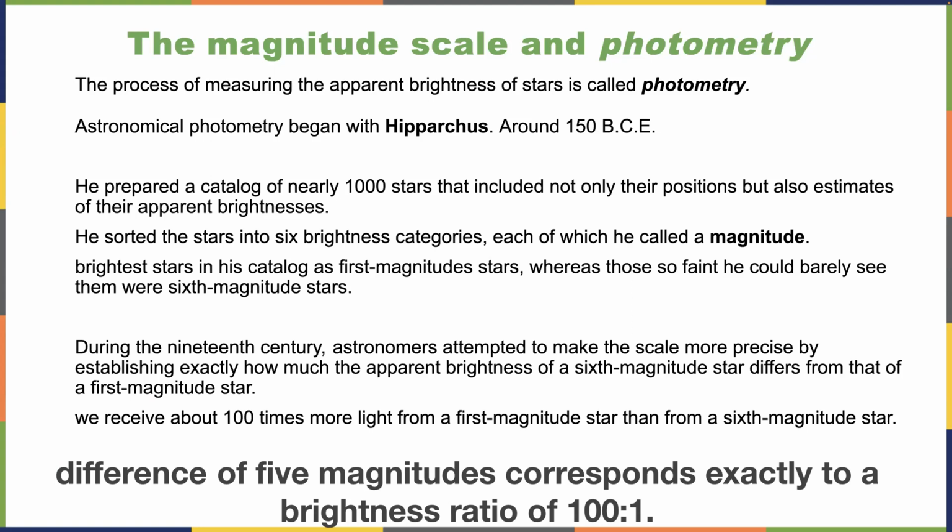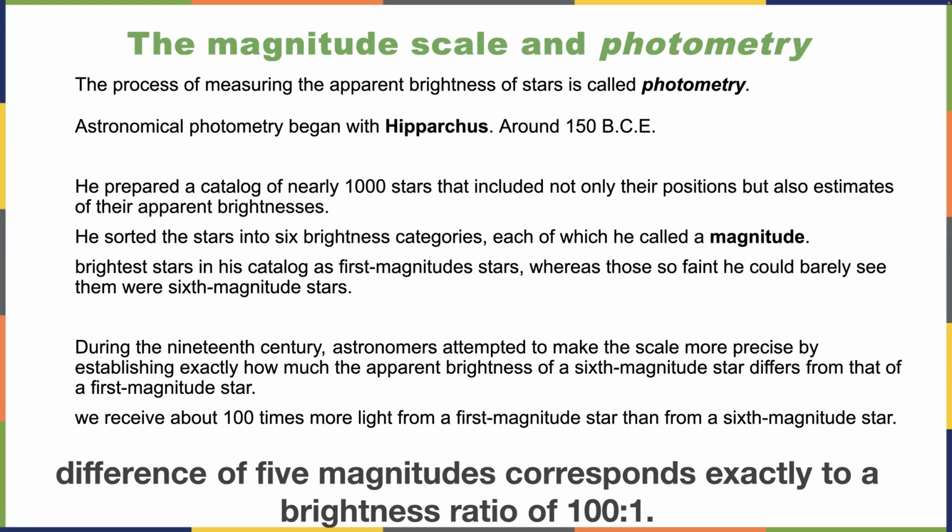The difference of 5 magnitudes corresponds exactly to a brightness ratio of 100 to 1, because you have the 6th magnitude star and the first magnitude star. So the difference in magnitude is basically 5 magnitudes, right? 6 minus 1 equals 5. And these 5 magnitudes correspond exactly to the brightness ratio of 100 to 1, right? So that is their finding.